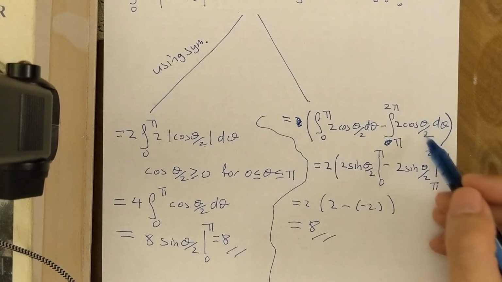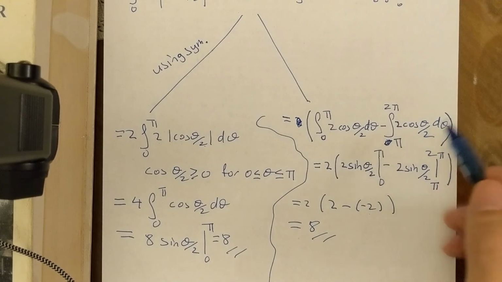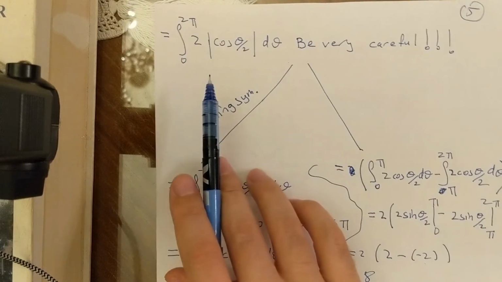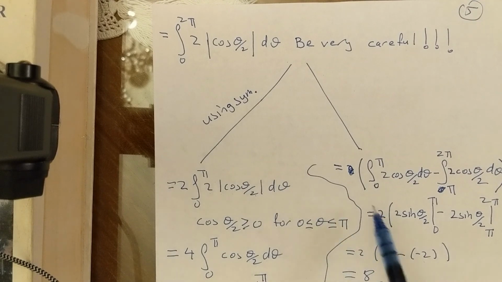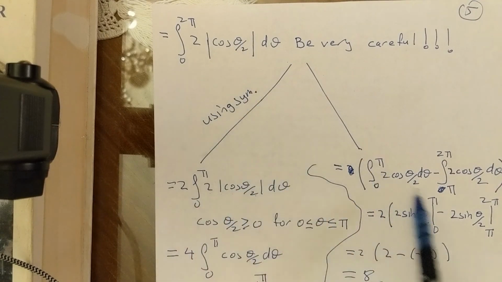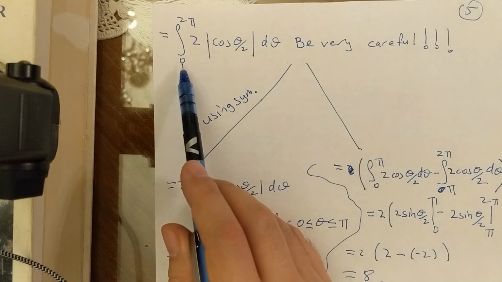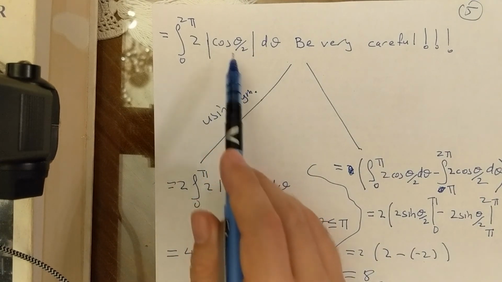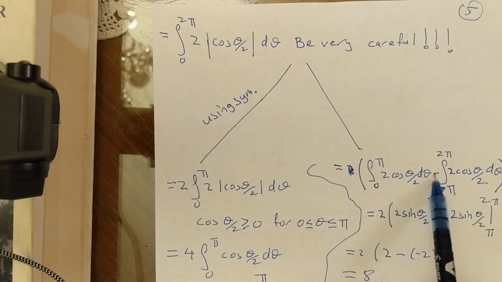So cosine is in the second quadrant. That's going to be negative. Negative means I have to break this integral from 0 to 2 pi into 2 pieces. For the 0 to pi piece, cosine theta over 2 comes out as itself. For the piece from pi to 2 pi, it comes outside as the negative of itself, because the inside is negative. So I pulled this negative sign out here.